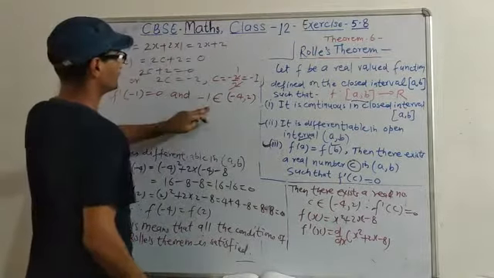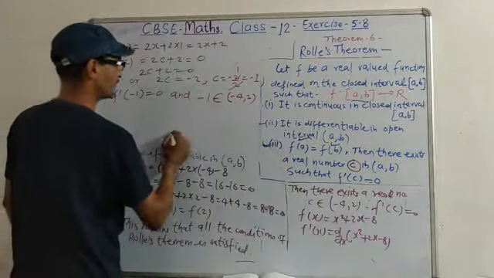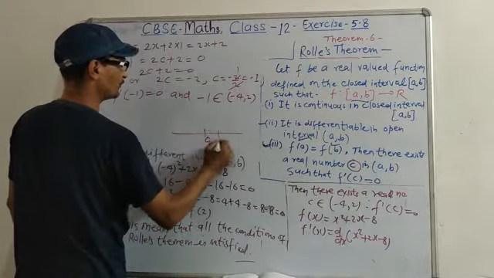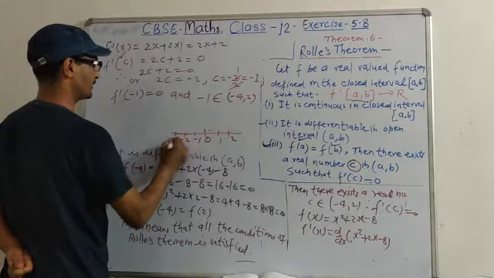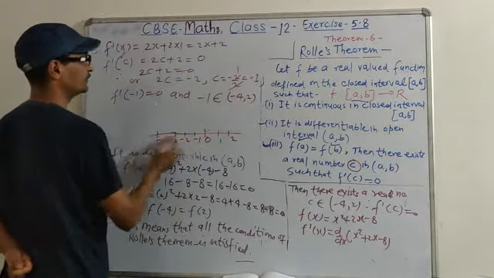Clearly we can see that minus 1 will come in between, because on the number line we have 0, 1, 2 on this side and minus 1, minus 2, minus 3 and here minus 4. So minus 1 is here.